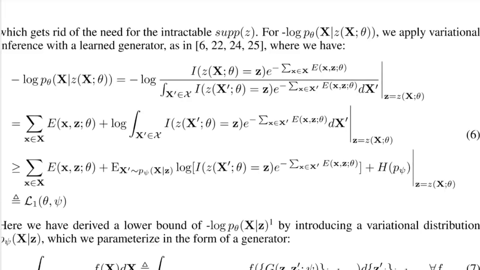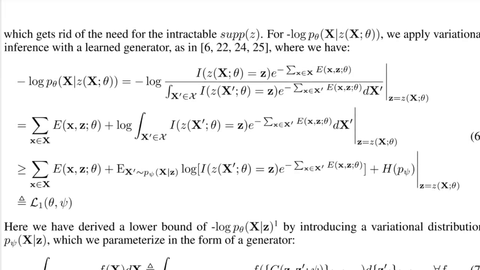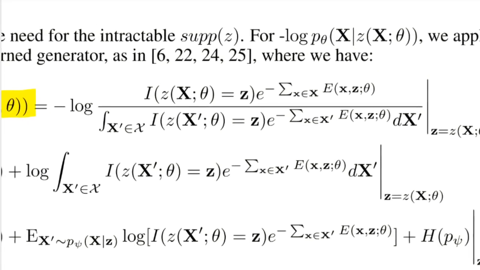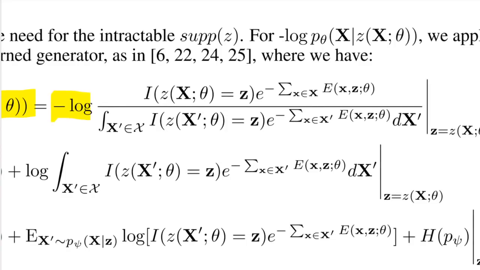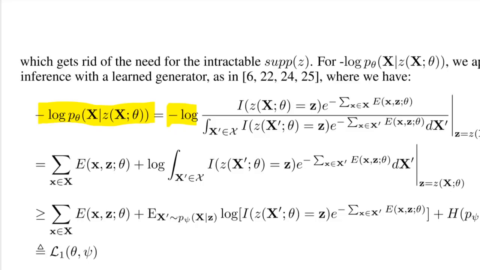But the interesting part, I feel more, is here, where they consider the loss, again, of this conditional distribution on z. So you'll see the exact same quantity right here, but now our loss is going to be the negative log of that. Now, since it's the negative log, you can decompose the division into a sum. And this part up here, you'll see the indicator function is a bit unnecessary, because the z that we're considering is going to be the z of that particular set, and so this equality holds on the top.